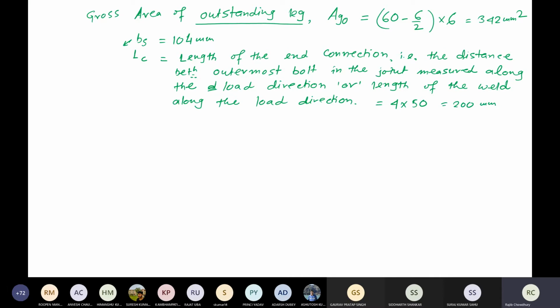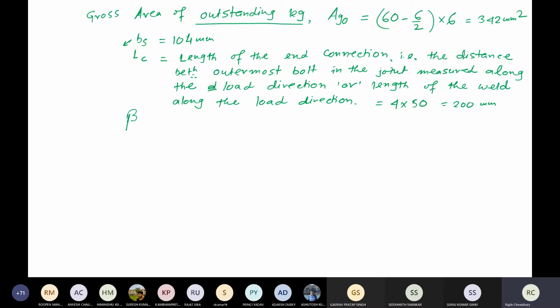What else do we require? We require another factor that is called the factor beta. The factor beta is basically utilized to ensure that you are correctly accounting for the shear lag effect. Specifically, this beta is required only for your angle section.